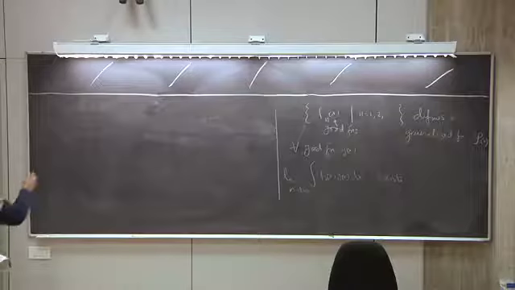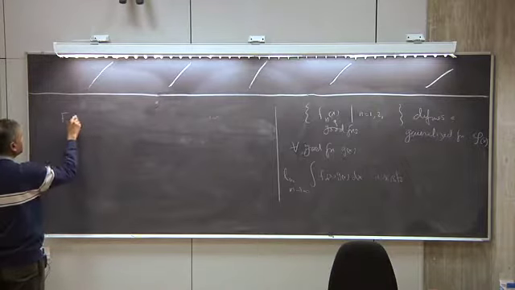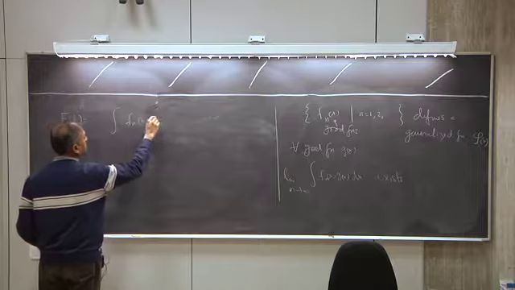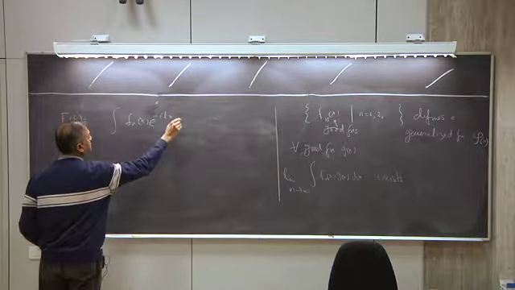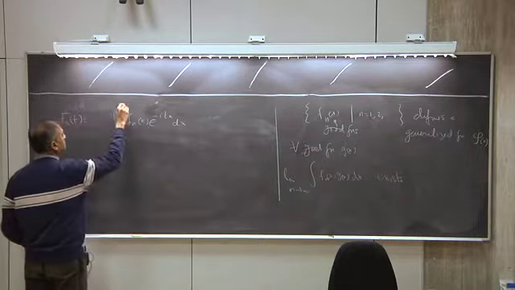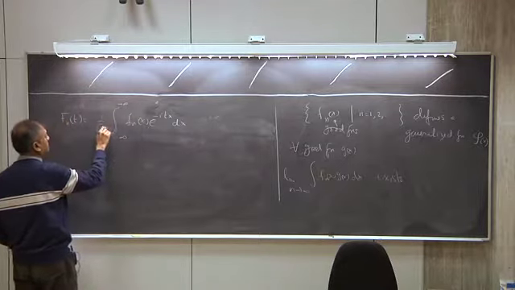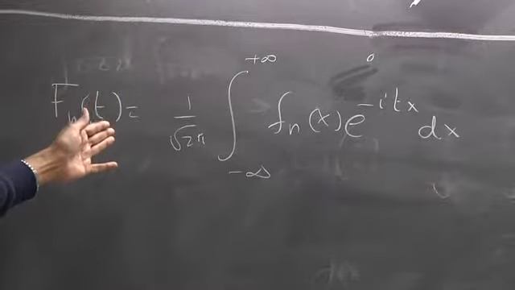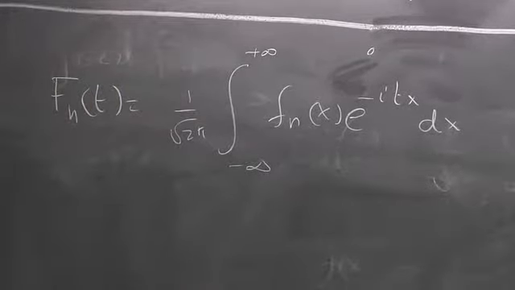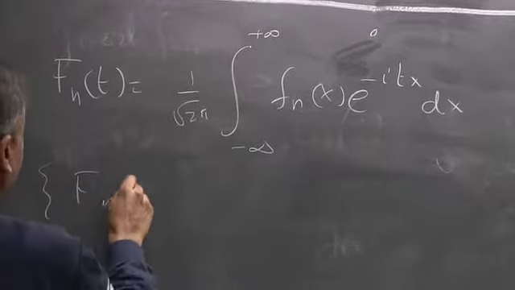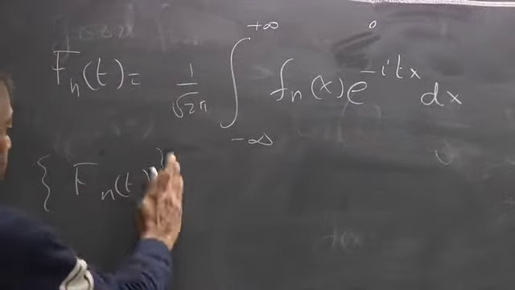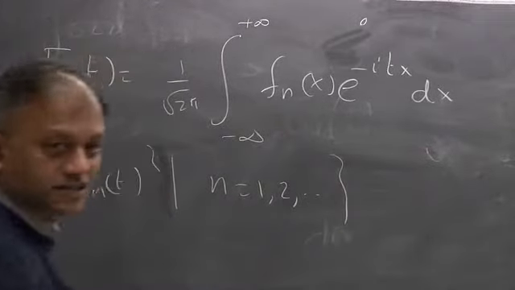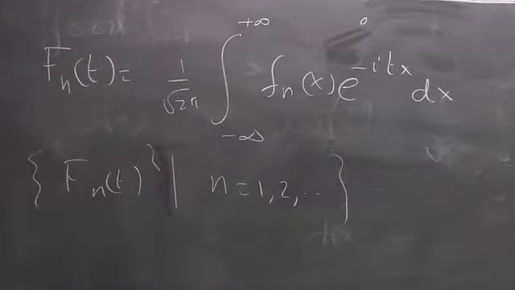Let's define the Fourier transform F_n(t), which is simply the integral of f_n(x) e to the minus i t x dx. These are also good functions from the previous theorem. Now consider the sequence F_n(t). The question is whether this defines a generalized function. That's the first question.